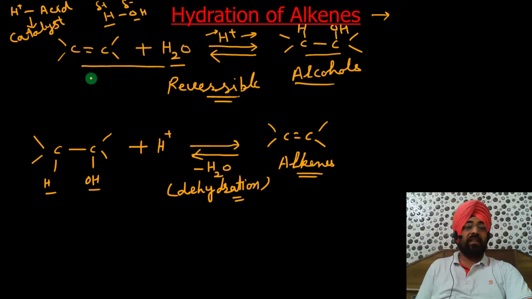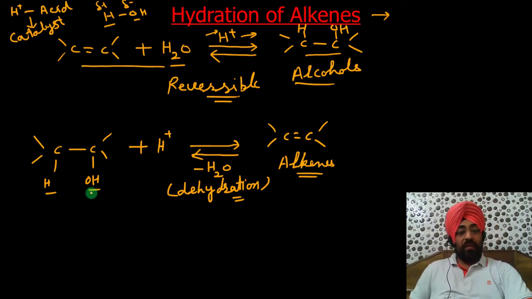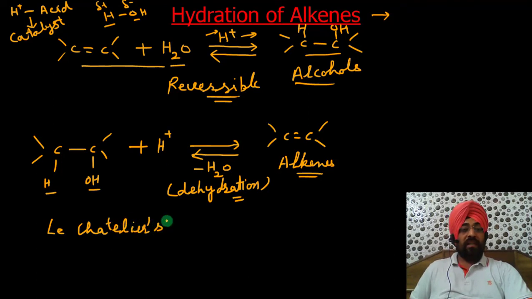Now the question arises: if we want to prepare alcohols in higher yield, what to do? We can take the help of Le Chatelier's principle, which states that if we disturb the equilibrium, then the equilibrium will shift in the direction that undoes that change.